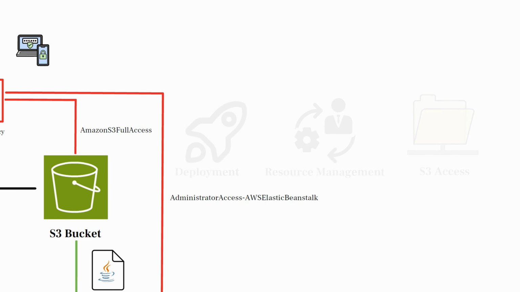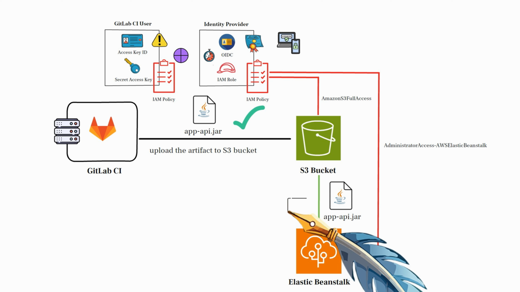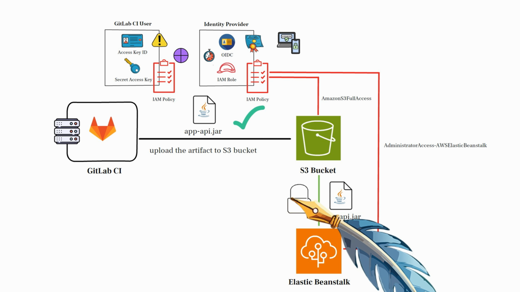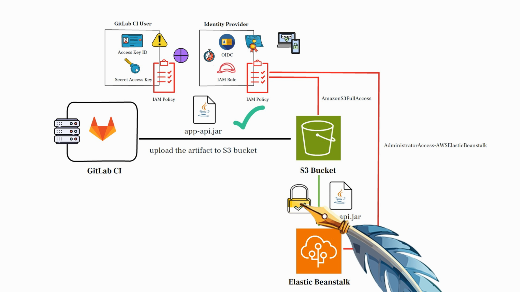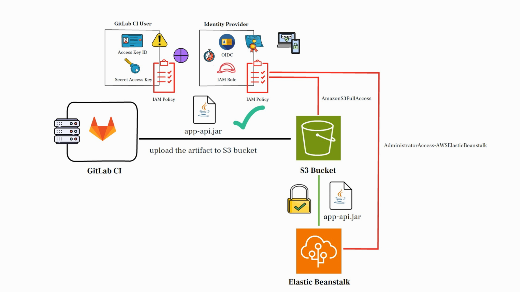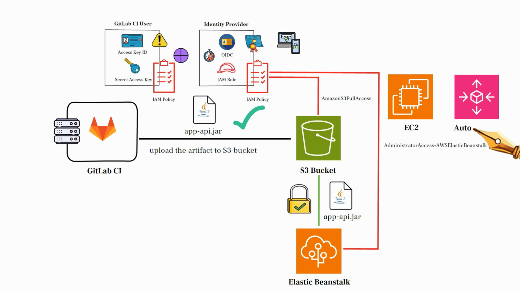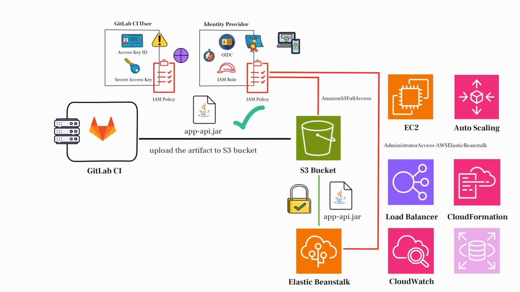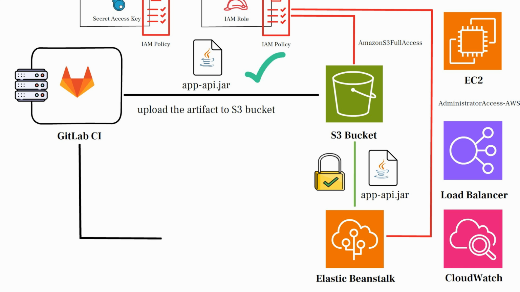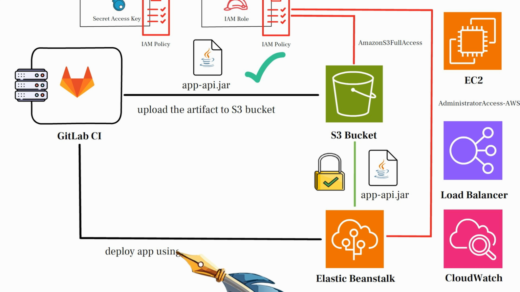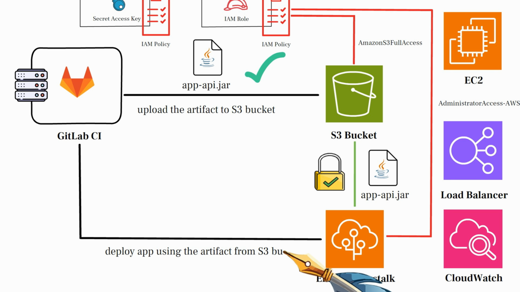For example, if Elastic Beanstalk needs to access artifacts from S3, this policy will allow full access to S3 and other resources required to manage your Elastic Beanstalk environment, such as EC2, autoscaling, Elastic Load Balancer, CloudFormation, CloudWatch, RDS, and so on. With this setup, your GitLab CI can now deploy applications using the artifact from the S3 bucket.